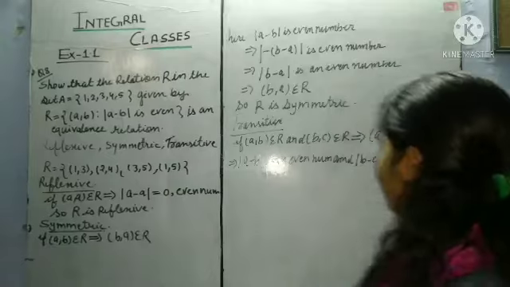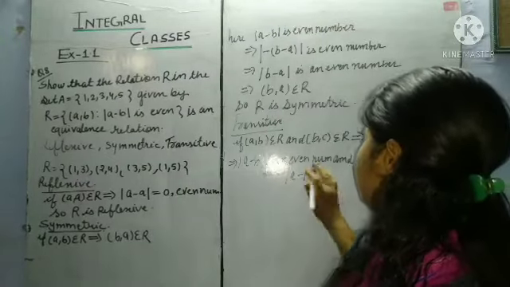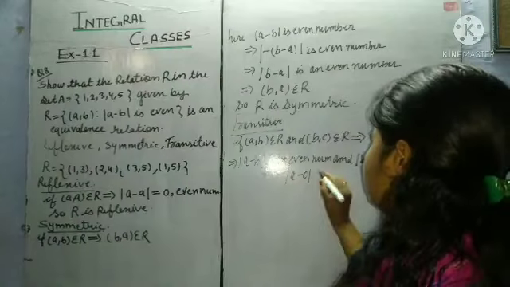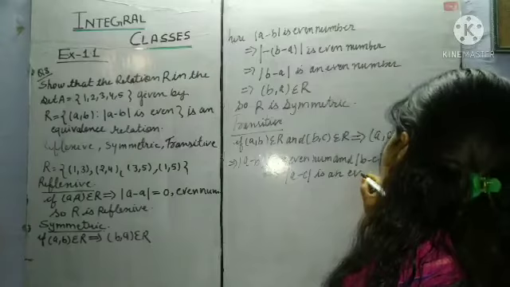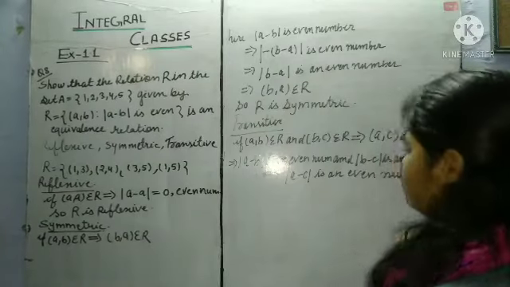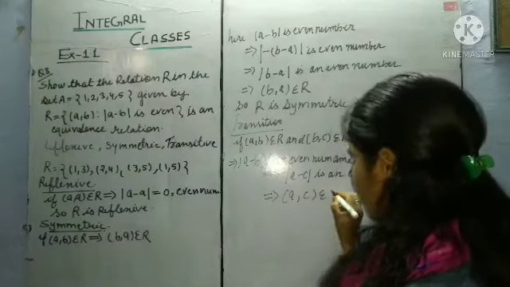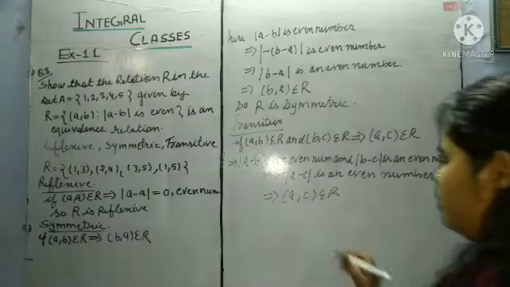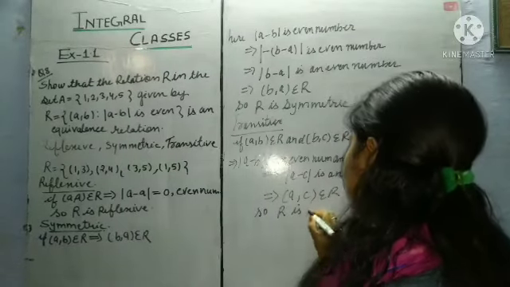So this implies that a minus c should be an even number. So (a, c) belongs to R. So R is transitive.